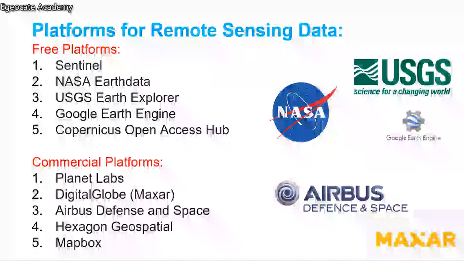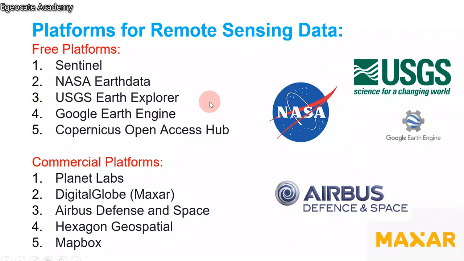And we have different types of platforms that can be used to download or buy the data. For example, we have free platforms. For example, Sentinel platform, NASA, USGS Earth Explorer, Google Earth Engine, Copernicus Open Access Hub. The data of all these platforms are freely available.